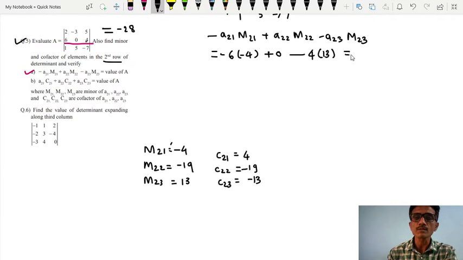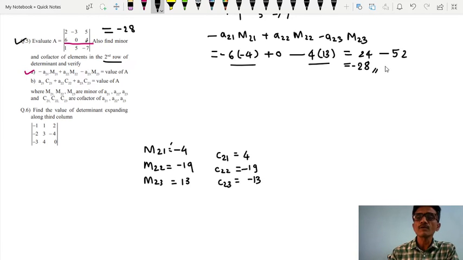So it gives us 24 plus 24, and minus 52. Okay, it is minus 52. So clearly it will give us minus 28, which is the value of the determinant. Yes. Then we will verify the next one.